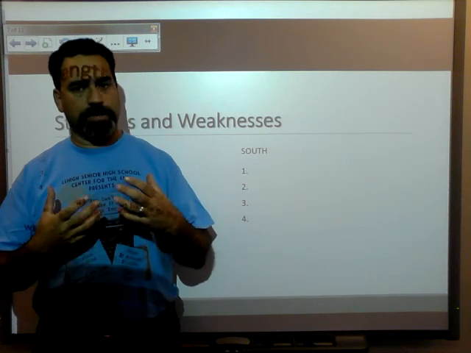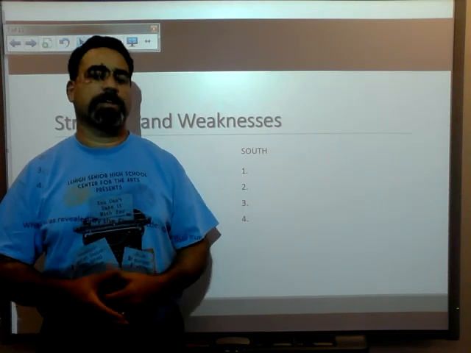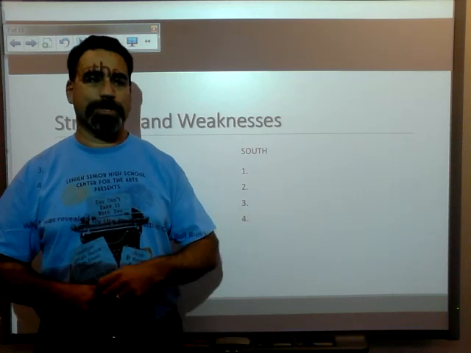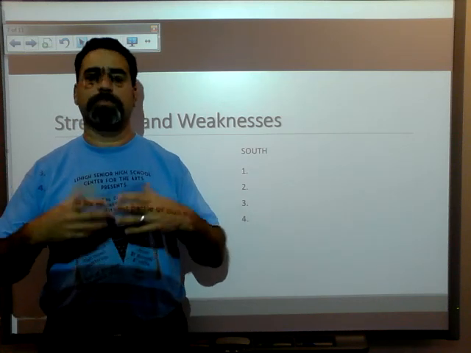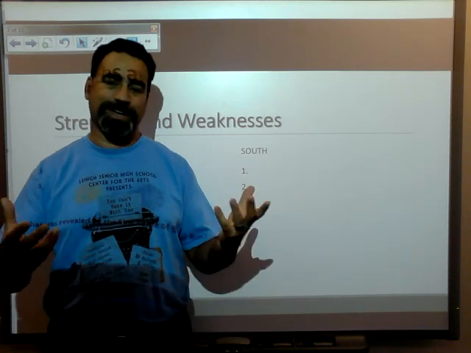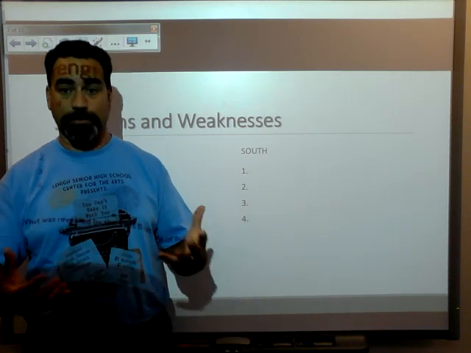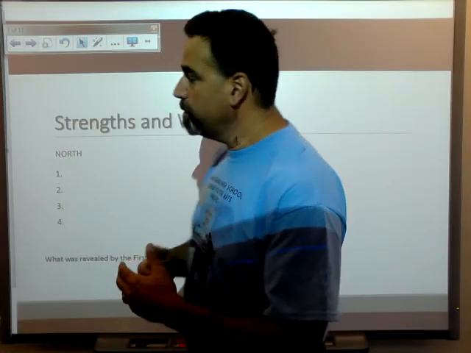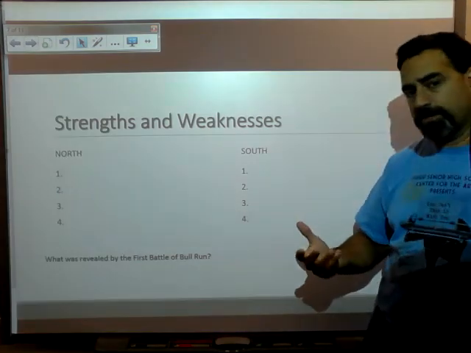In other words, culturally, the people of the South were more experienced with guns. They had more of a culture that supported military participation, and they were more experienced with horseback, as J.E.B. Stuart's cavalry is going to demonstrate during the Civil War. So both sides have some pretty significant strengths.